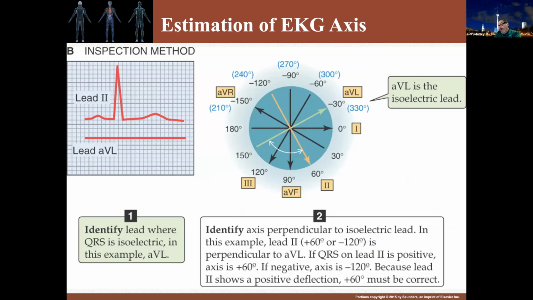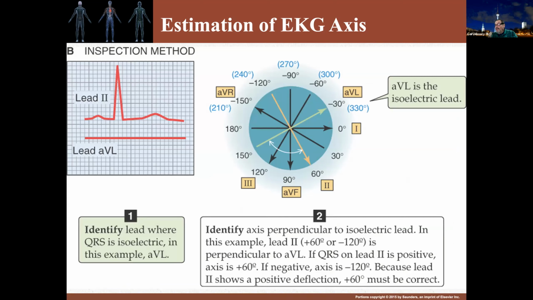Another way to do it is to find an isoelectric lead. Well, in this particular tracing, we have lead 2 and we have a lead which appears flatline here, no deflection on it, at least not for the QRS. That would be our isoelectric lead, which is in this case AVL.